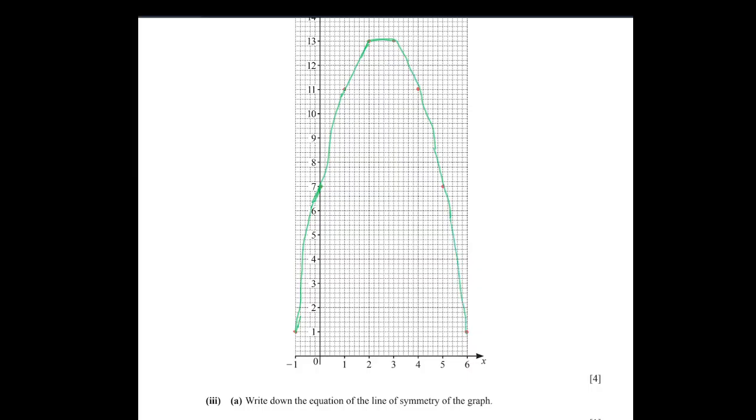This is the graph. Just make this one a little smoother.